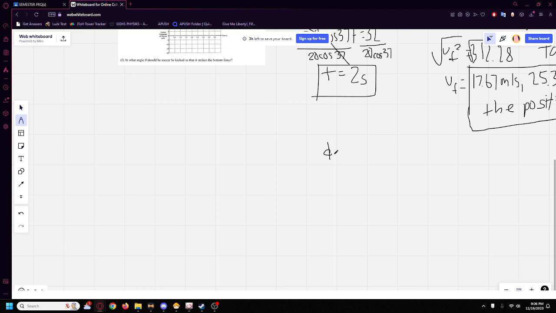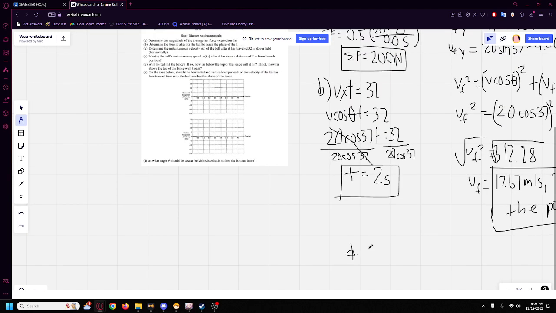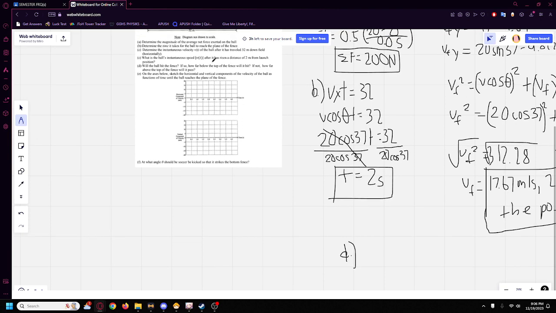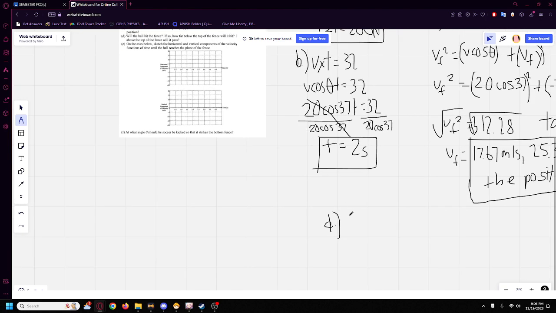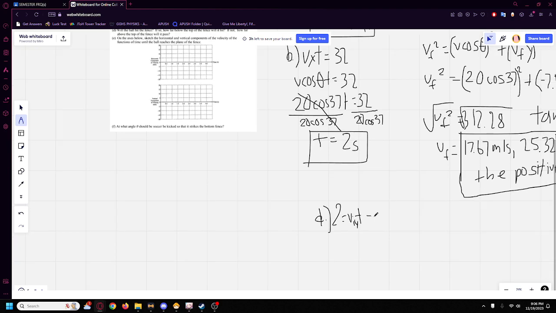So to find the time it takes for the ball to rise 2 meters, set 2 equal to viy times t minus 1/2 a t squared.